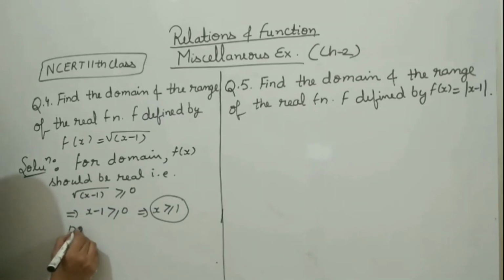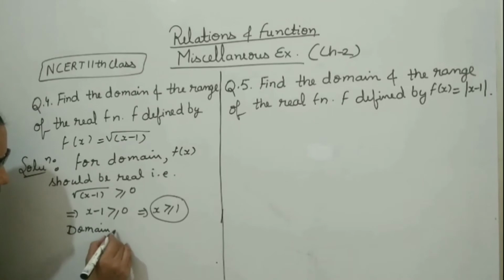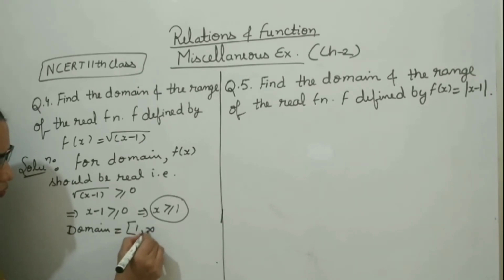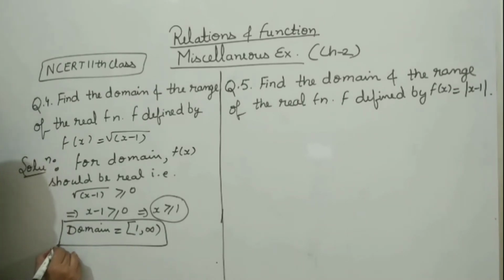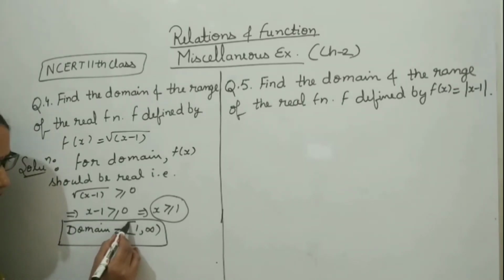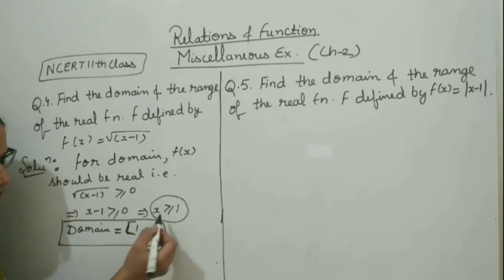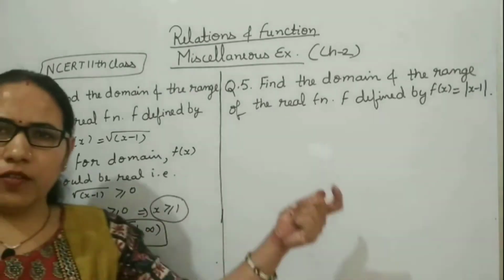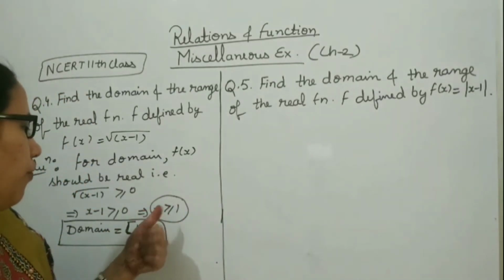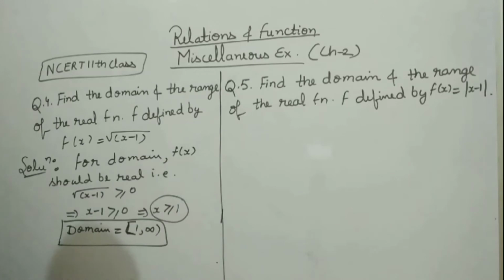So domain comes out to be 1 to infinity. We have to take the close bracket from 1 and open bracket with infinity, because the upper value for greater than is not defined here. The point up to which x is greater is not defined. So we have to take the domain as close bracket from 1 and open bracket with infinity.